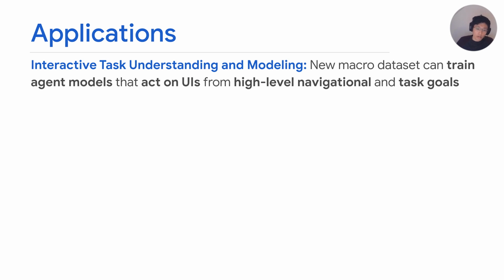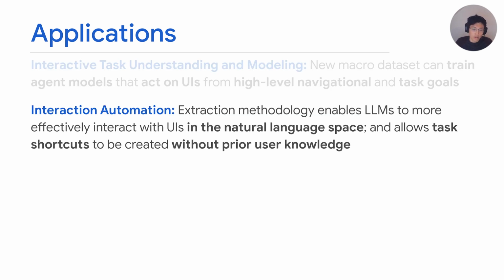We envision our work to support 3 major applications. First, with our newly extracted macro dataset, we can train agent models that can act on UIs and perform navigation and tasks based on high-level text descriptions. Moreover, our macro extraction method can enable LLMs to more easily interact with UIs in the natural language space, such that we can first extract all the possible tasks in the apps and allow LLMs to operate at the task level when interacting with users.